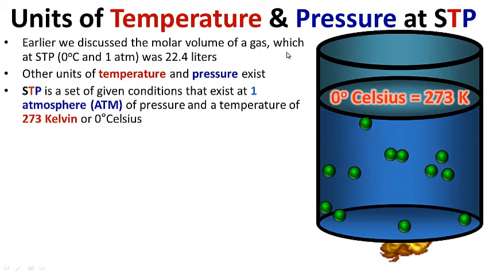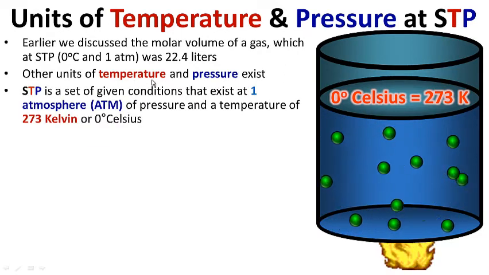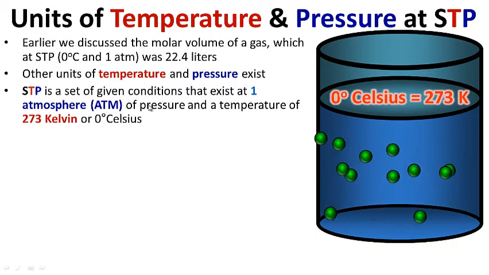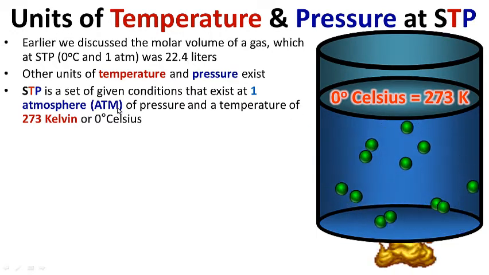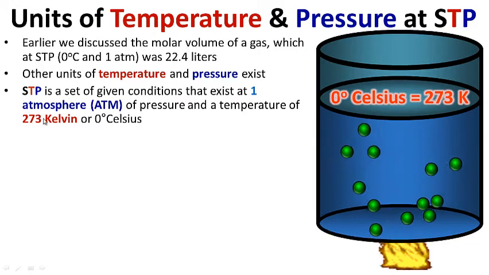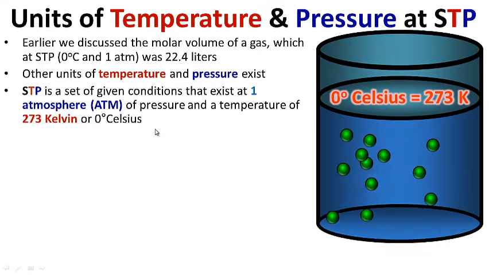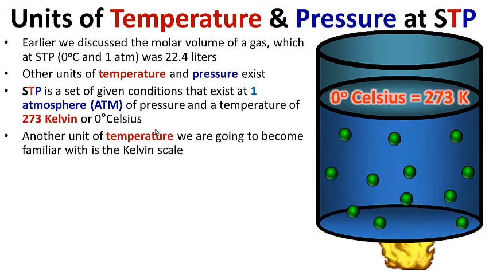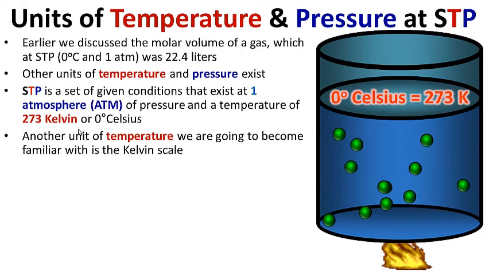So STP is a set of conditions, if you recall from our last lesson, that exist at 1 atmosphere (ATM) of pressure and a temperature of 273 Kelvin or 0 degrees Celsius. Another unit of temperature we are going to become better familiar with is the Kelvin scale.